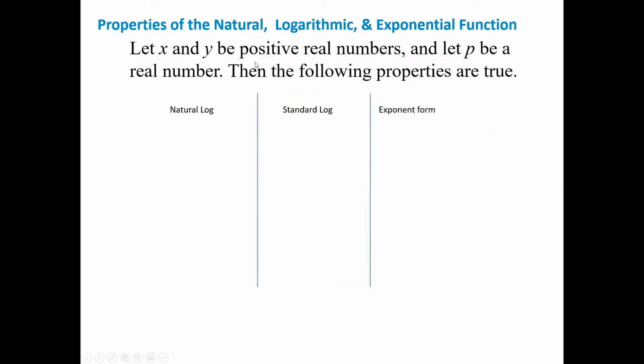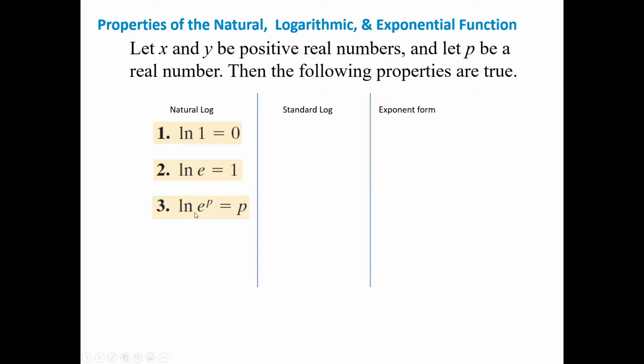Okay, now we're doing a little bit of review. We're going to take some positive numbers, and we're going to let p be a real number. We're just going to review our properties so far. Natural log of 1 is 0. Natural log of e is 1, because remember, this is log base e of e.